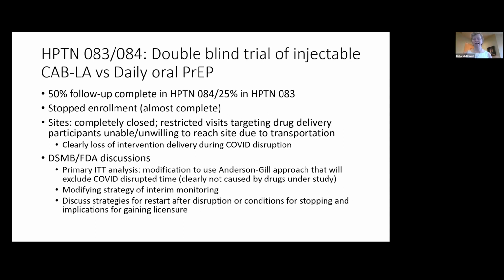So that's another set of statistical challenges that come up as a result of COVID in ongoing trials.